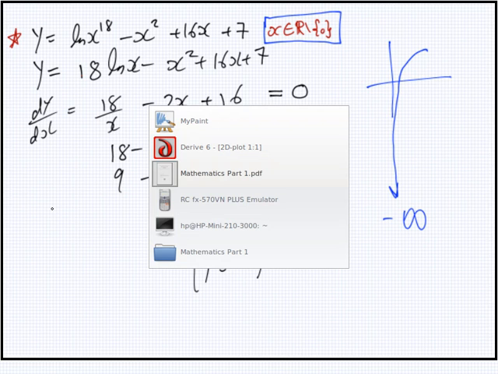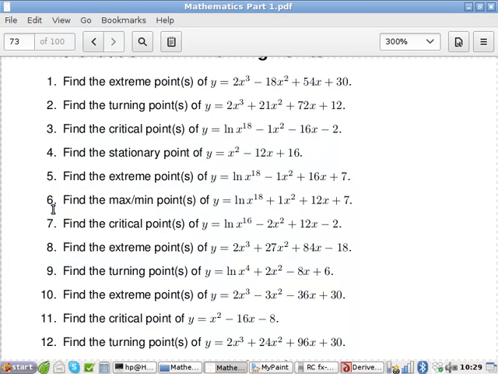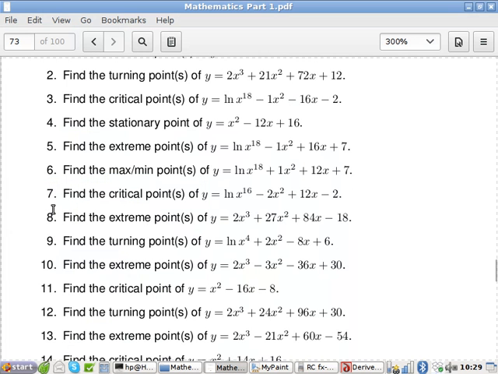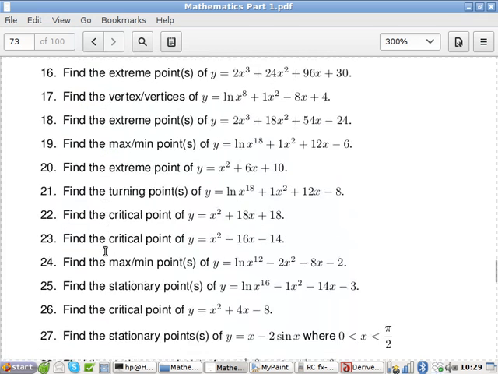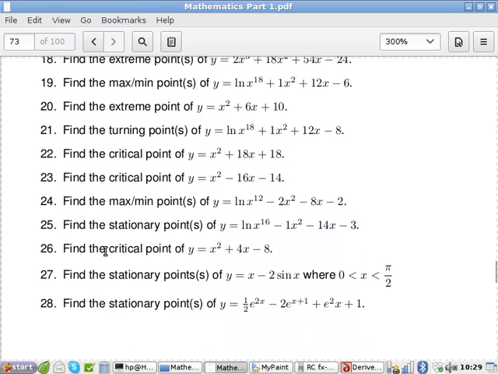Alright, let's have a look at homework here. No, because I was going to give that as a homework.